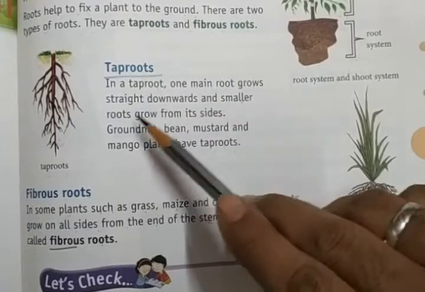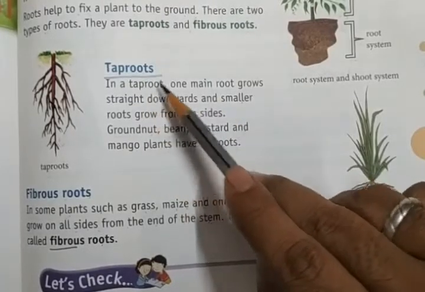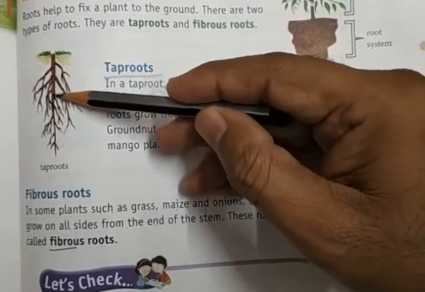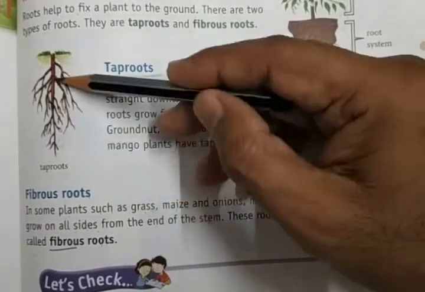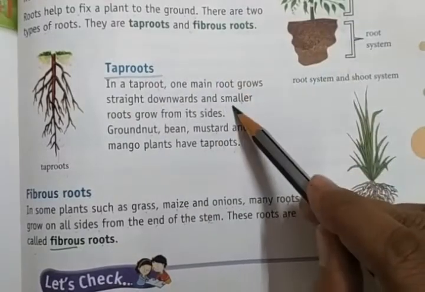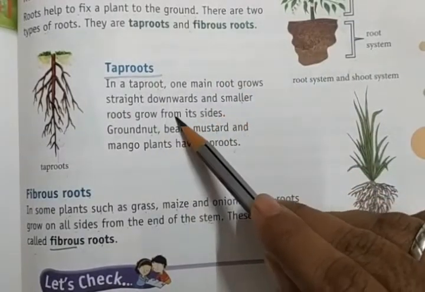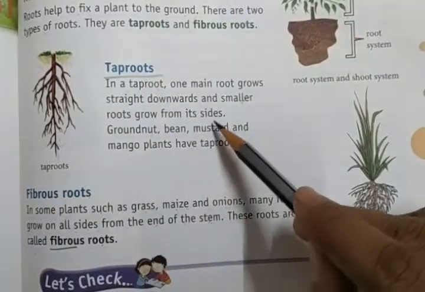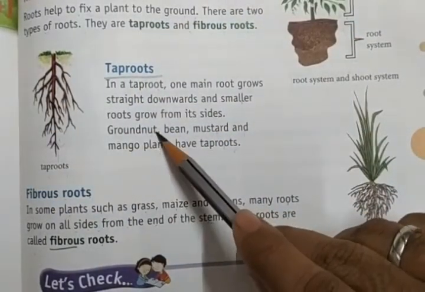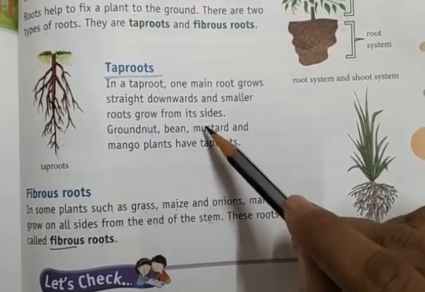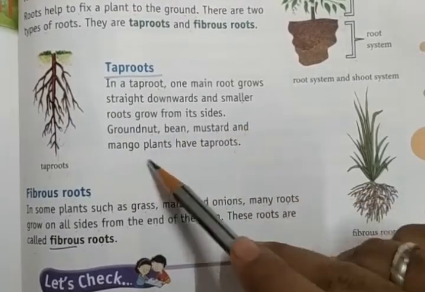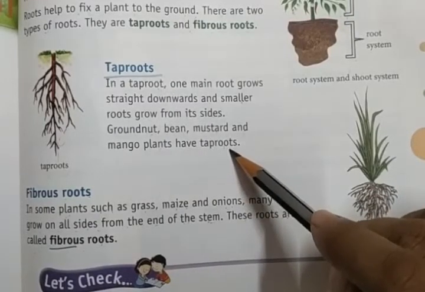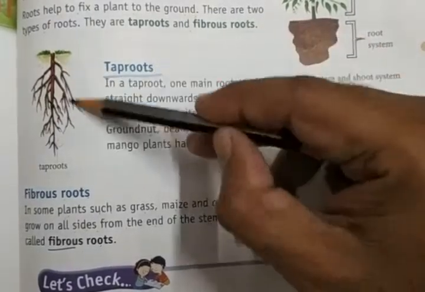In the taproot, one main root grows straight, and other roots grow from its side. Okay, clear? These are called taproots.